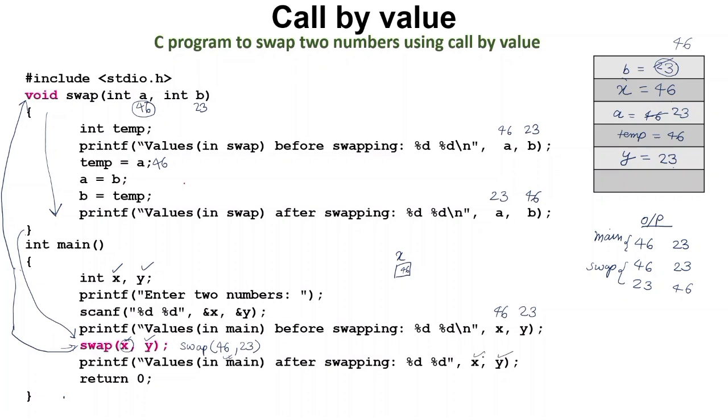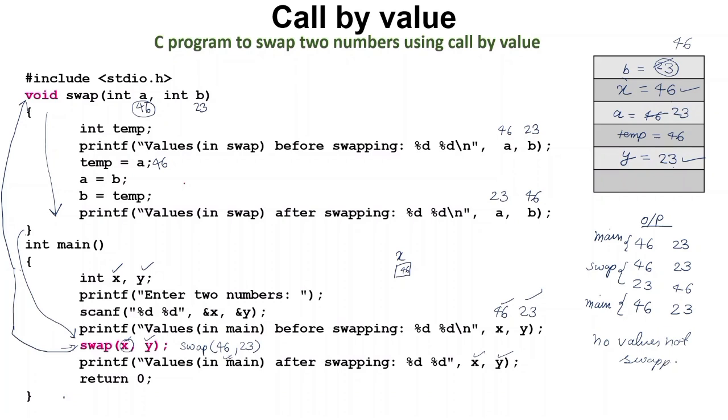What is the value of x and y in main? It is still 46 and 23. You can see in the memory also it is still 46 and 23. So 46 and 23 only will be displayed in the execution of the main function. So is the value swapped? No, the values are not swapped.